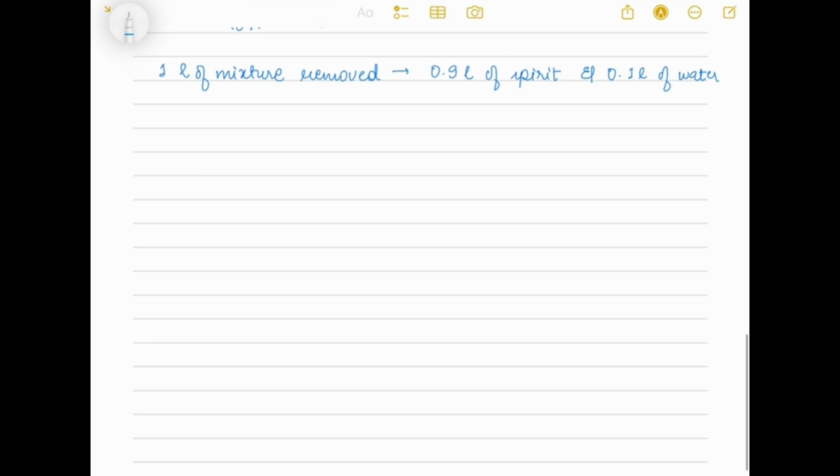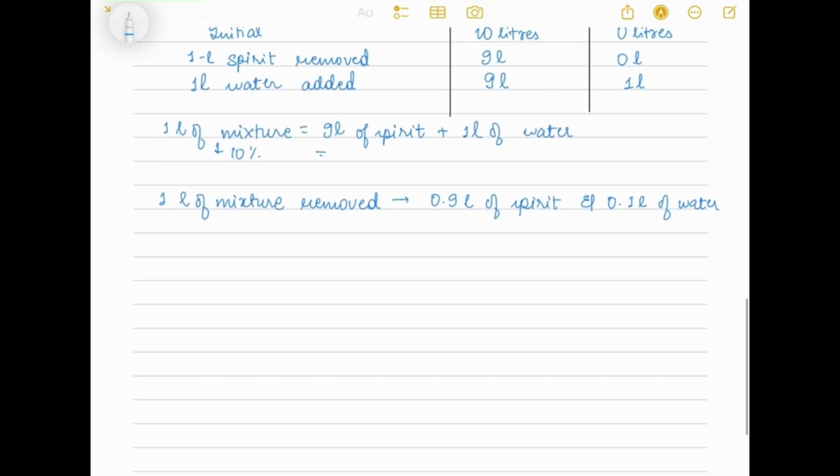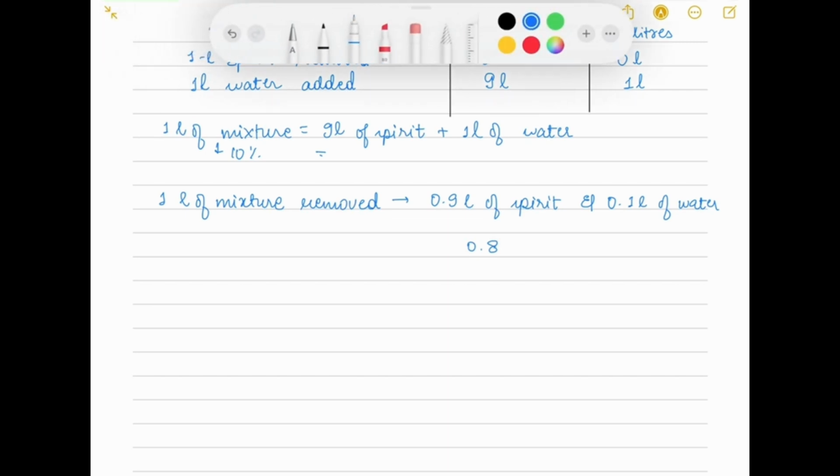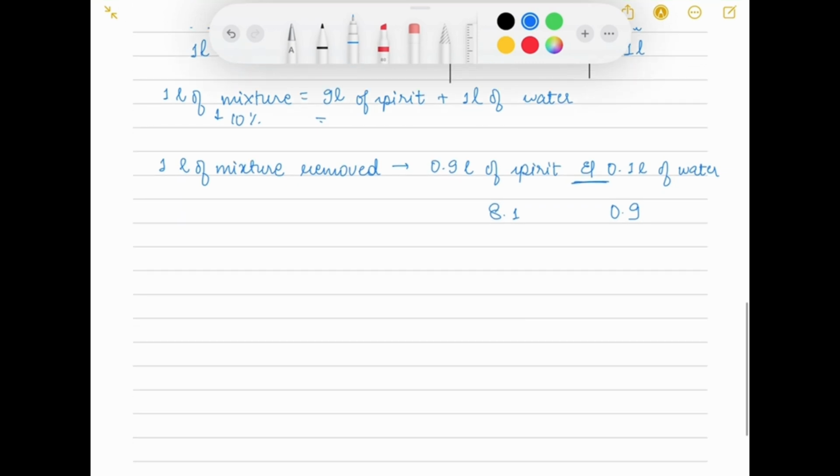So now when we are removing this, what we are left with, if you are continuing this, we are left with 8.1 liters of spirit and 0.9 liters of water, because subsequently this has been removed.